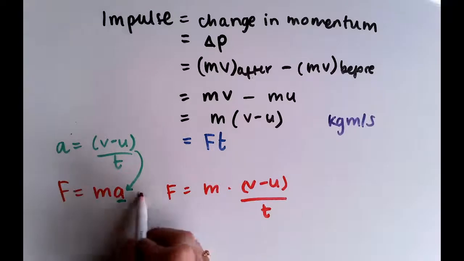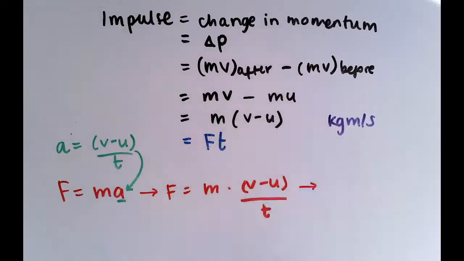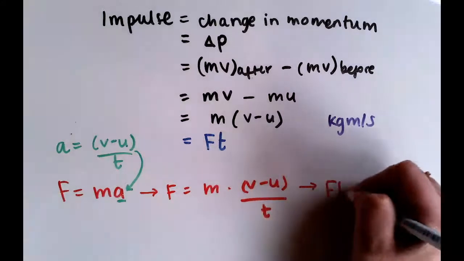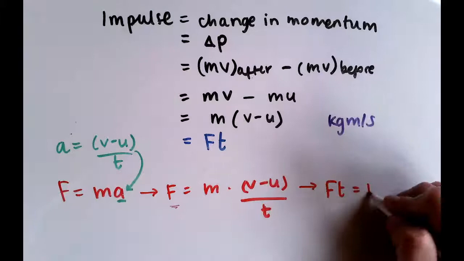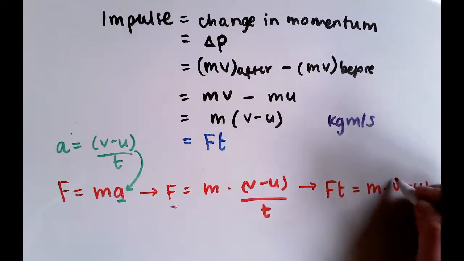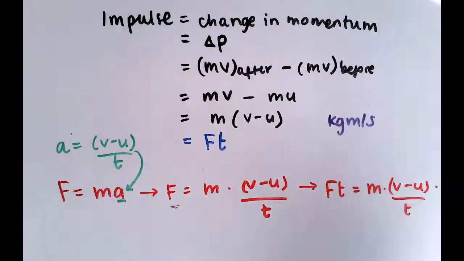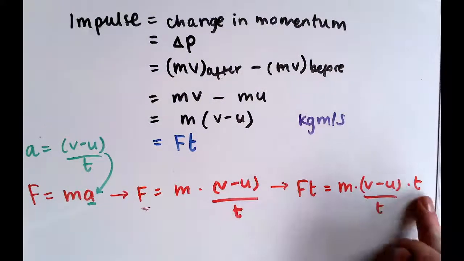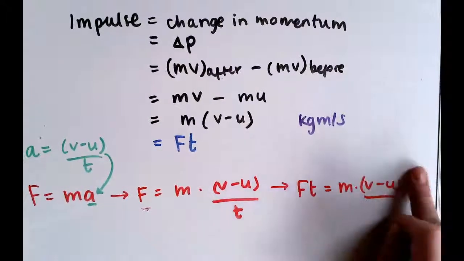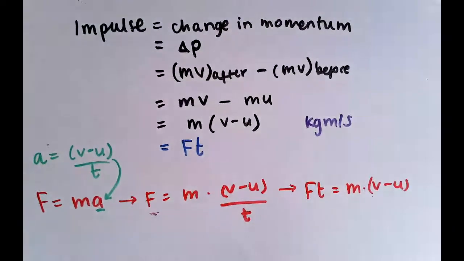Then I'm finally going to multiply both sides by t. So I get Ft, is equal to m v take u over t times t. Hopefully you can see that these two t's cancel, and I'm left with this expression.